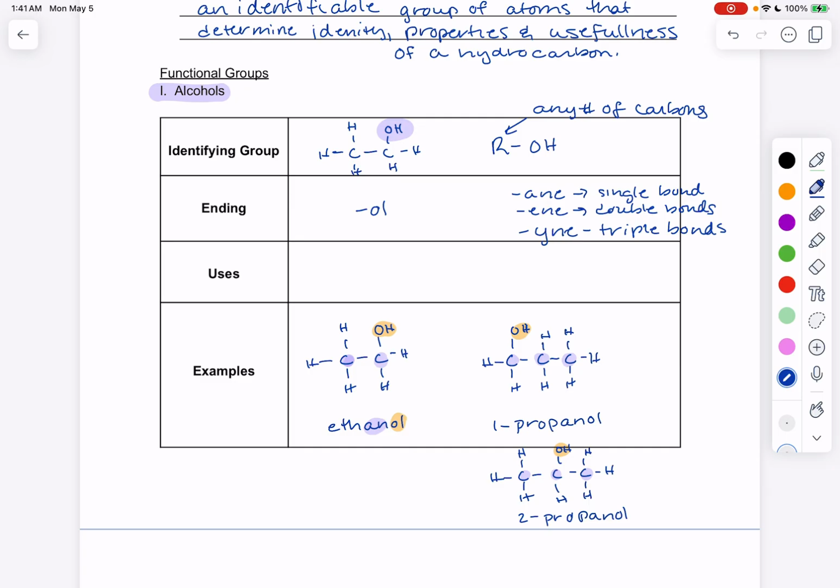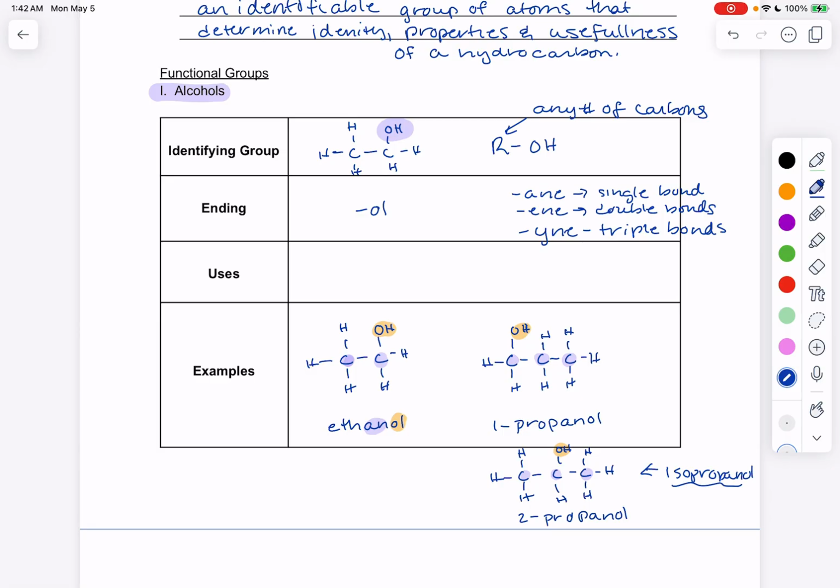Now, this particular alcohol is something that you guys know. This one is isopropanol. Isopropanol is probably something you have in your medicine cabinet. But the IUPAC name is 2-propanol.